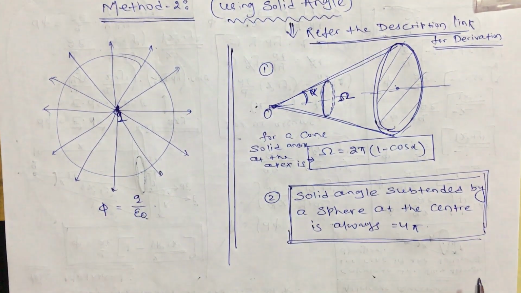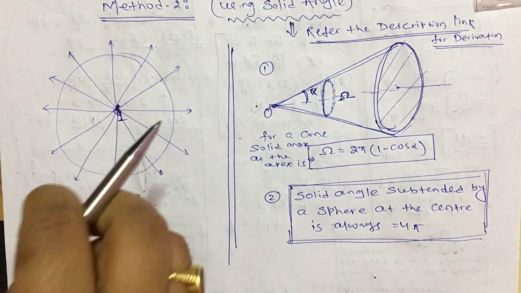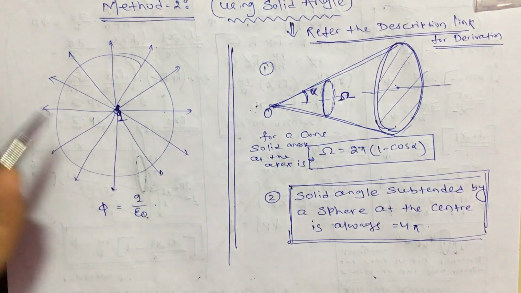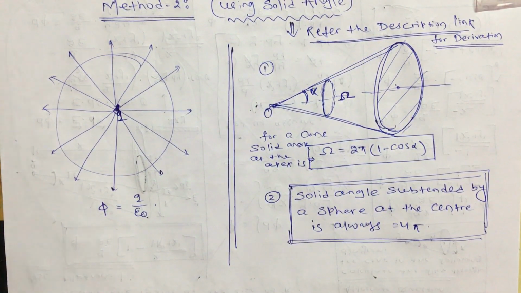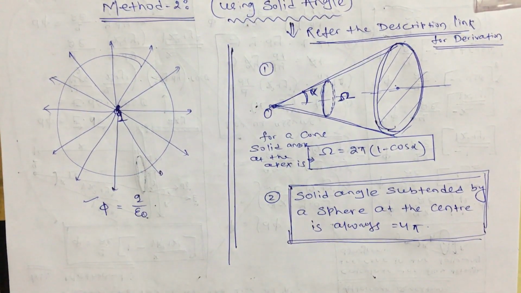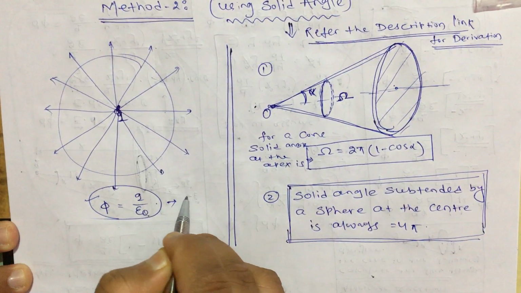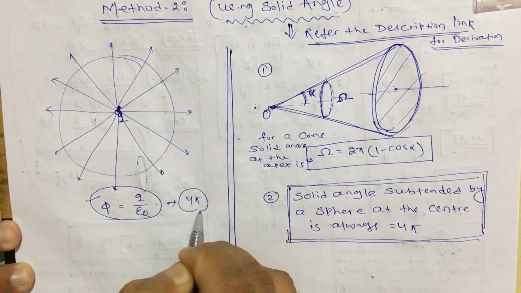Now we know that if there is a charge placed inside a sphere, it is going to give a flux all through the spherical surface, and obviously since the enclosed charge is q, the total flux is q by epsilon naught, and this is through a solid angle of 4 pi.